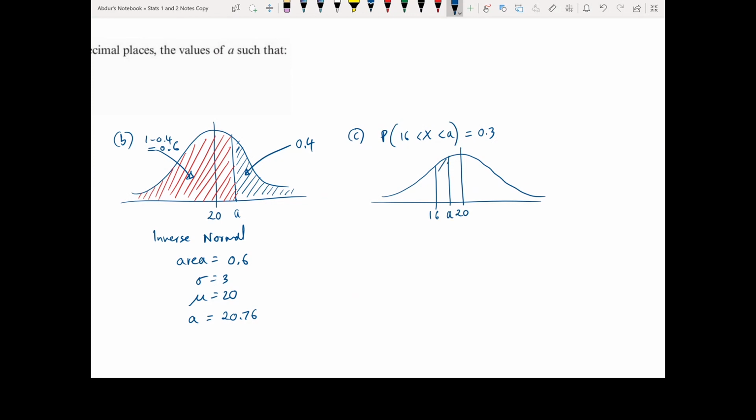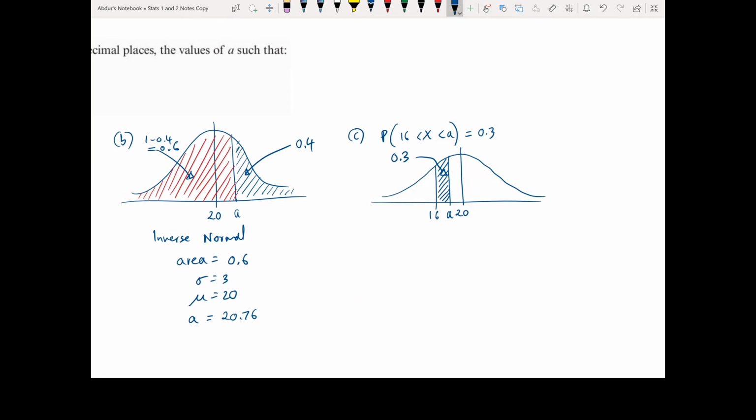Now, they've given us in the question that this area here is 0.3. Now remember, our calculator does not use this area as the input for the inverse. It does not use the right-hand side area as the input. It will only use the left-hand side area. So how can we work this out?